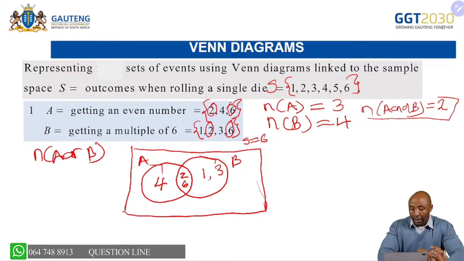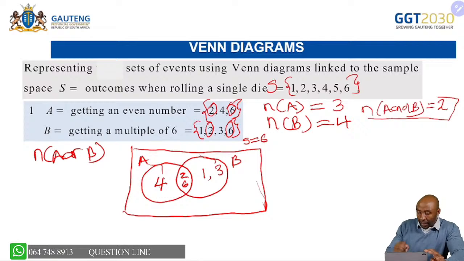Now, how many items do I have in the set A or B? I'm able to count 1, 2, 3, 4, 5. But my sample space must have 6 items.